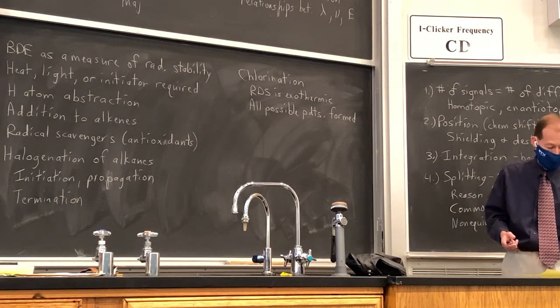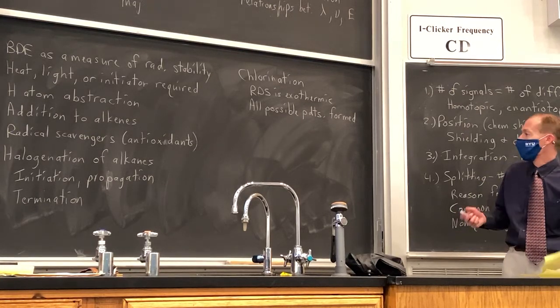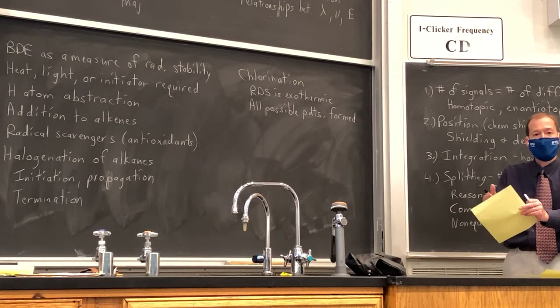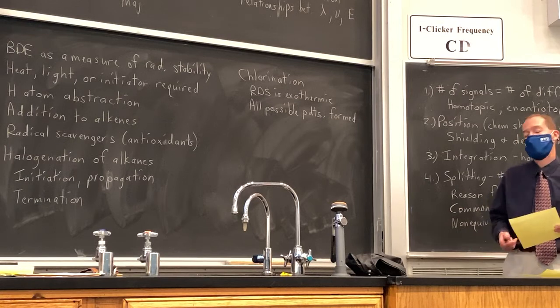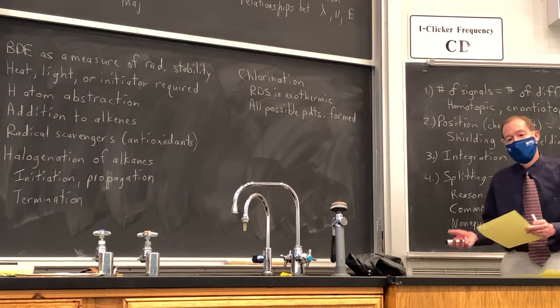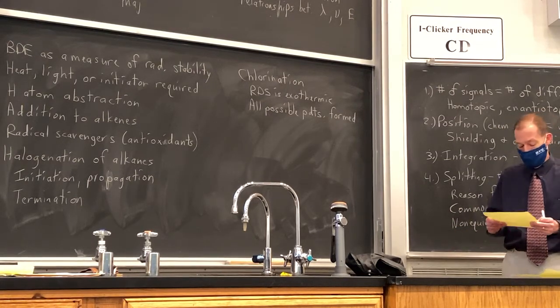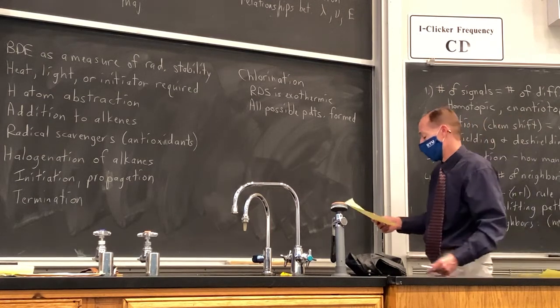So we learned that chlorination is only useful for giving a single product when all the hydrogens in the molecule are equivalent to each other. Methane, ethane, cyclohexane, these would be examples of molecules where that would be useful.